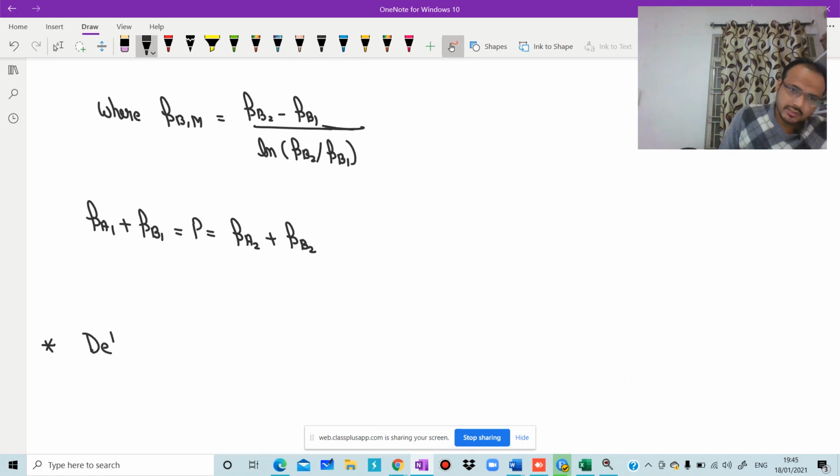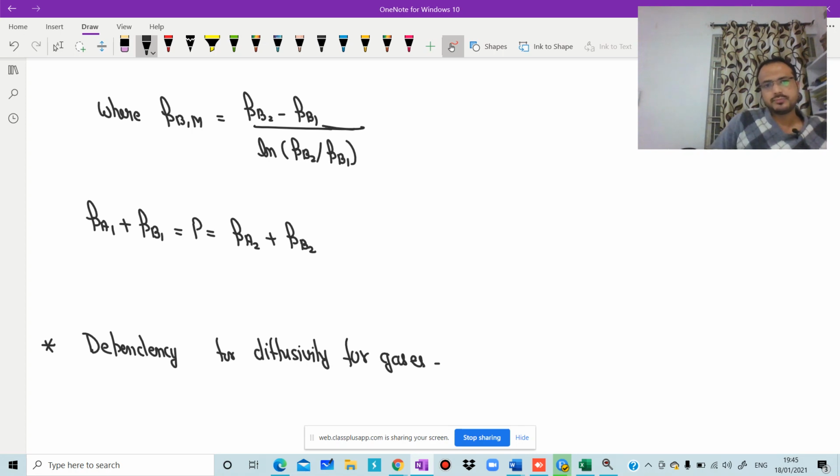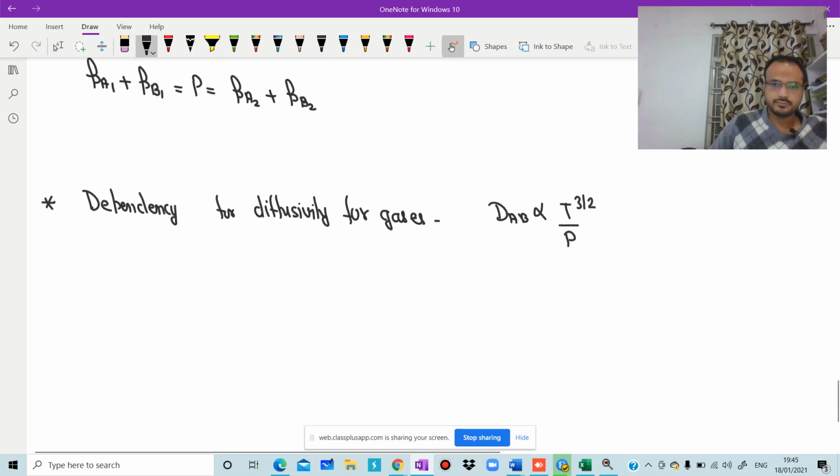Next is the dependency of diffusivity for gases. Generally we know that for gases, DAB is directly proportional to T to the power 3 by 2 and inversely proportional to pressure.